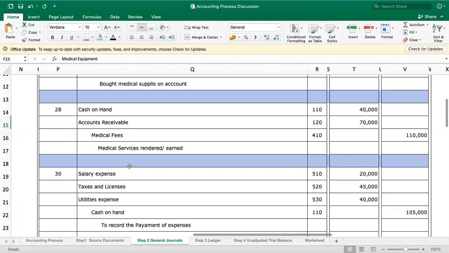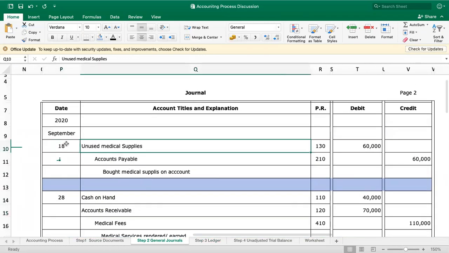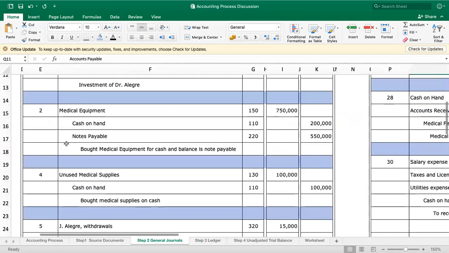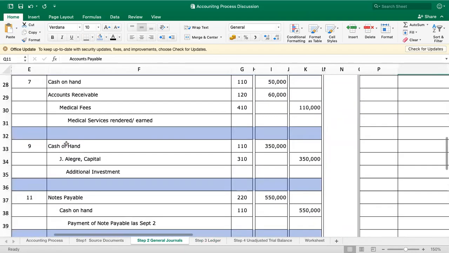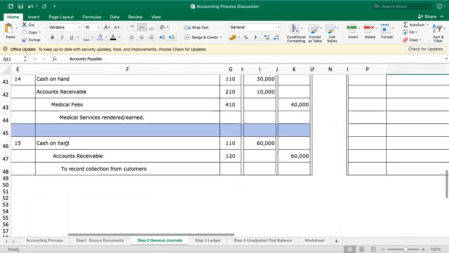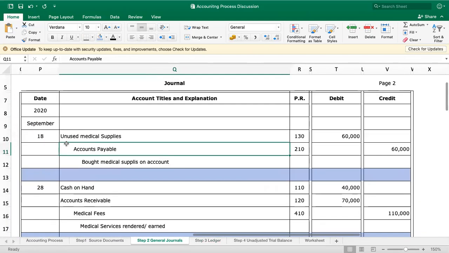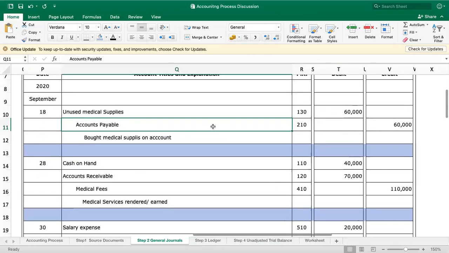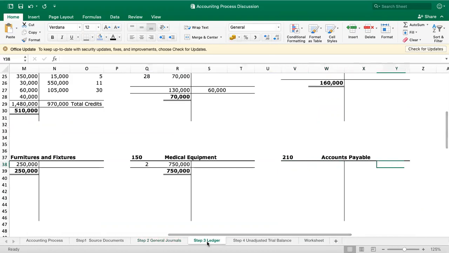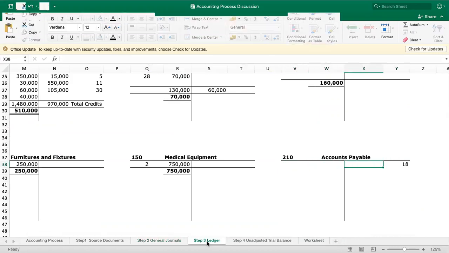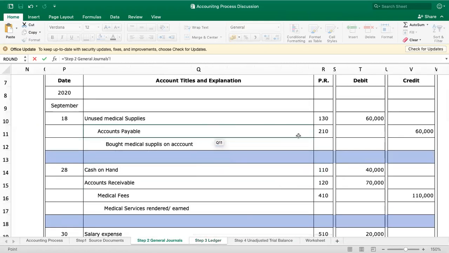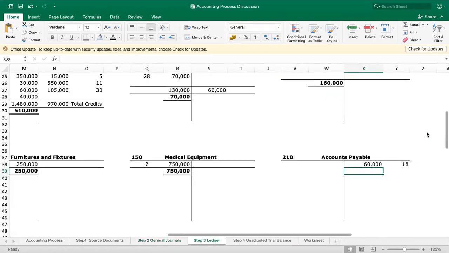Ayan. So, we have here September 18, accounts payable. Isang transaction lang ata yung may accounts payable. Wala sa page 1. Let's check sa page 2. So, here, September 18. Naka-credit 60,000. So, go back to our ledger, naka-credit, that's September 18, 60,000.